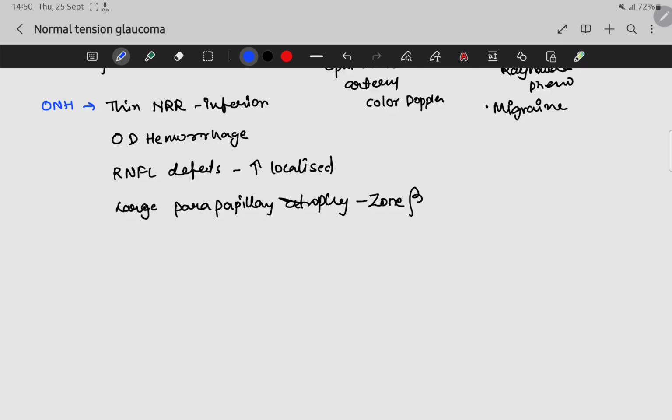And on visual field examination, we can see a deeper and more localized scotoma, which is closer to the fixation.